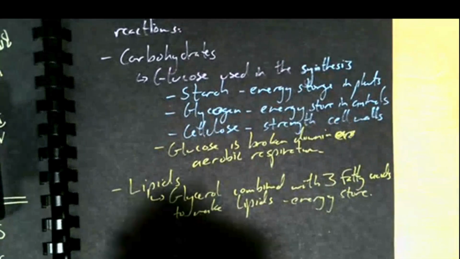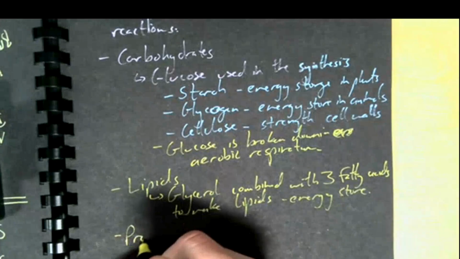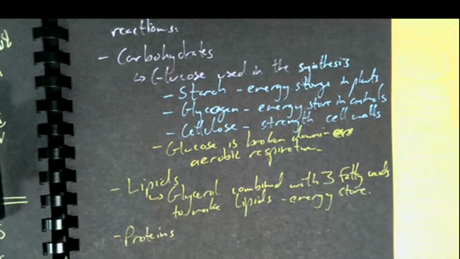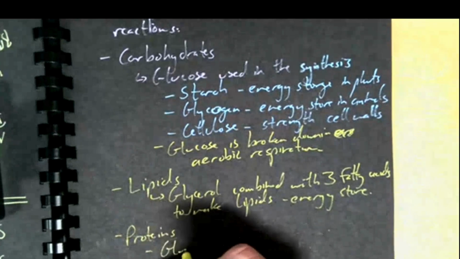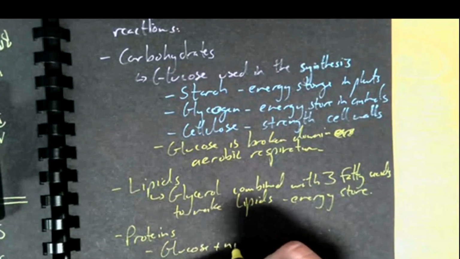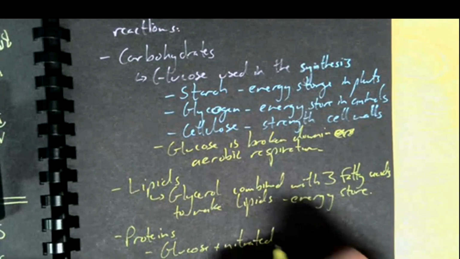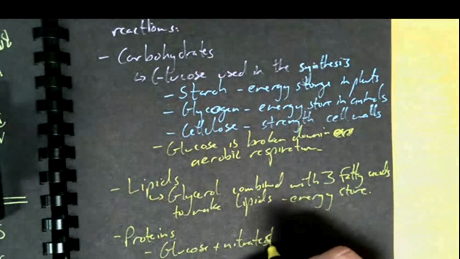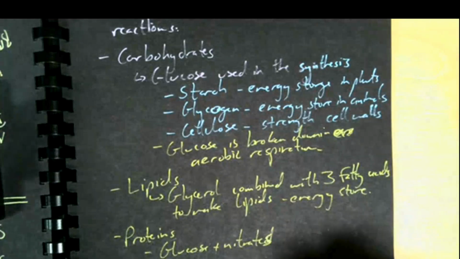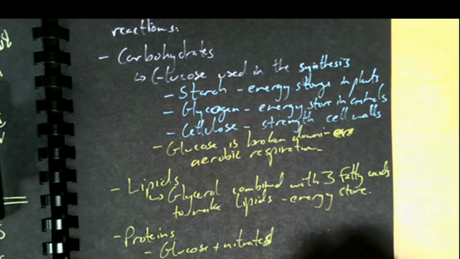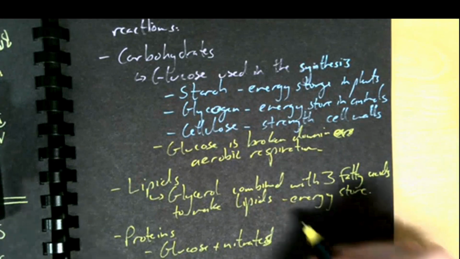And then last one from me, proteins. Glucose plus nitrates. It's an S, sorry, plus nitrates are involved in the production of amino acids.